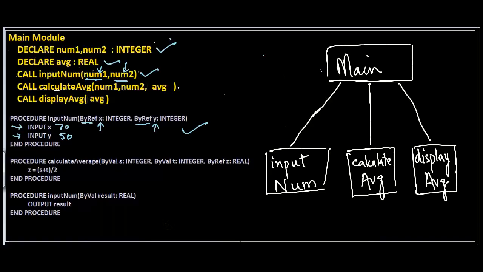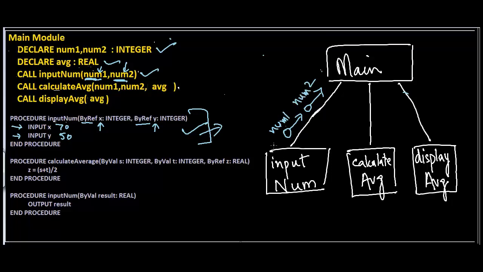Okay, the thing to consider here is that this procedure has modified the values of the two parameters, num1 and num2. If the value of the parameters has been modified, then we need to indicate that using an arrow. We are going to say num1 was modified and num2 was modified by this procedure.